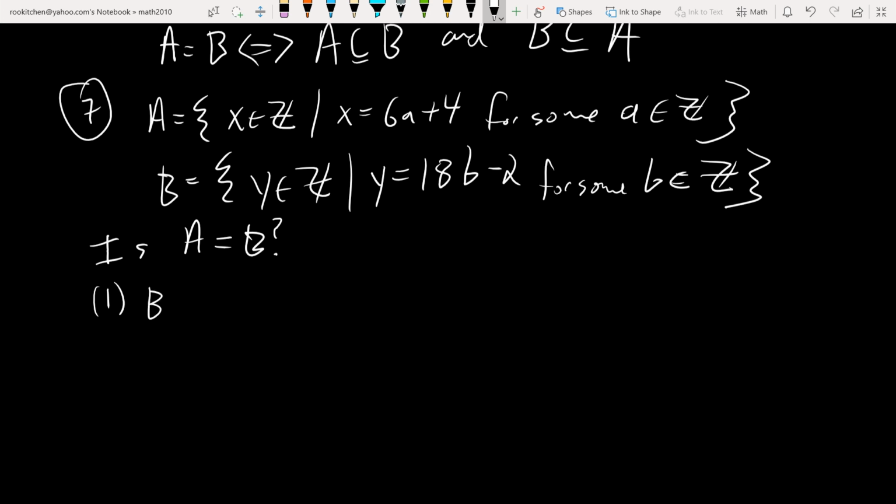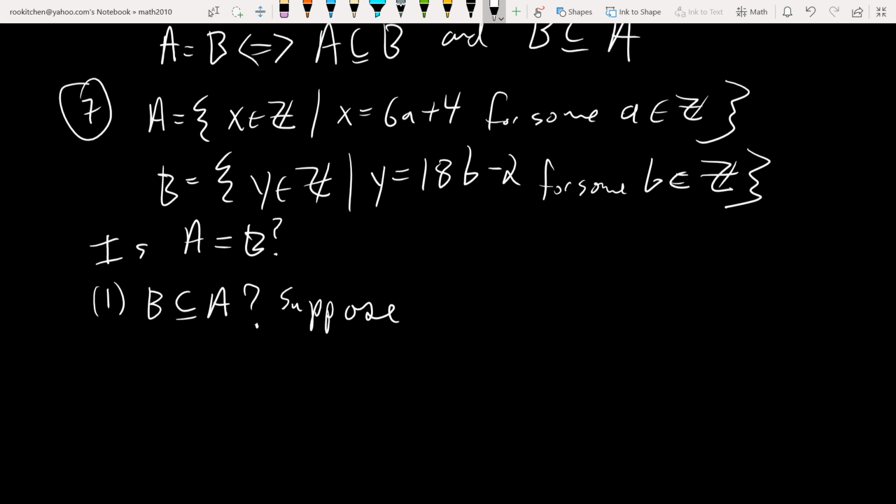Okay, so the first part we'll say is B contained in A, and then we'd have to show A is contained in B. So to show this, we would take an arbitrary element in B and show it is in fact in A. And then because that element is arbitrary, you can say it holds true for all elements.